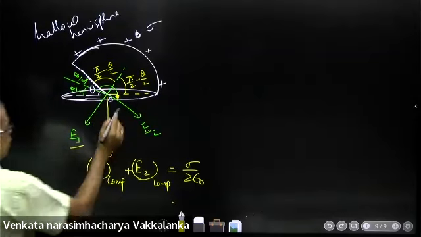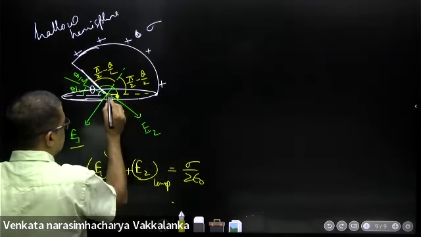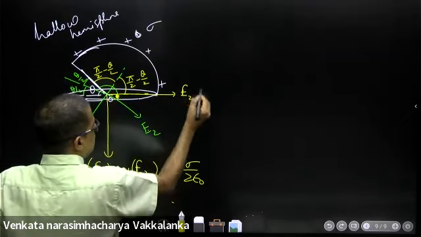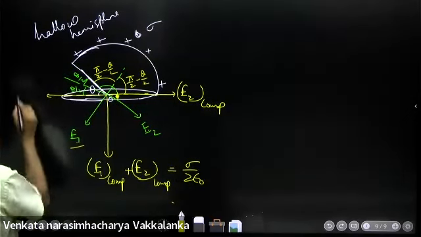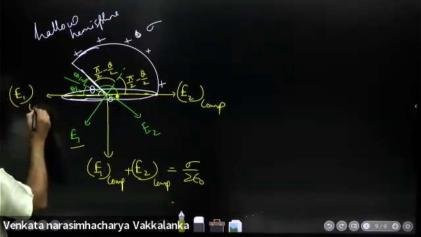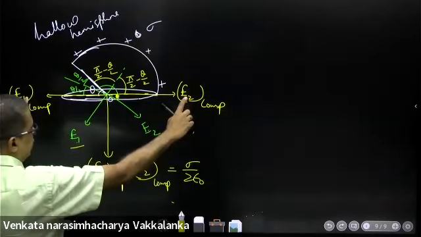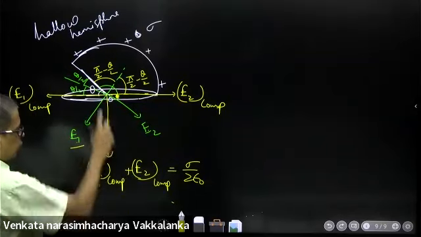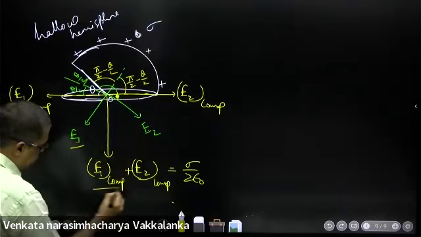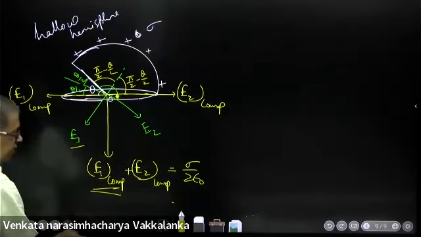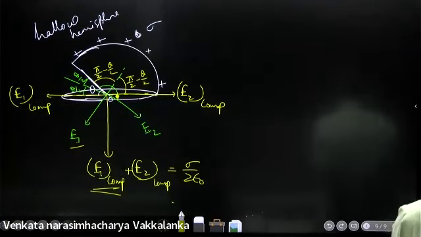In the horizontal direction, these both should cancel out each other. In this direction, E2's component and E1's component should be equal. Sum of the two components in this direction is sigma by 2 epsilon naught. From these two equations, you are asking me for the value of E1. Should not be difficult for you to calculate thereafter.